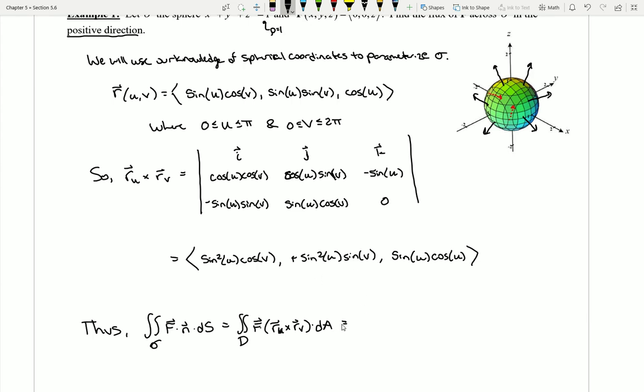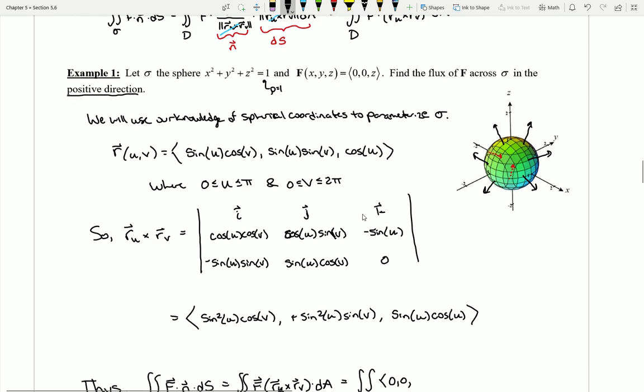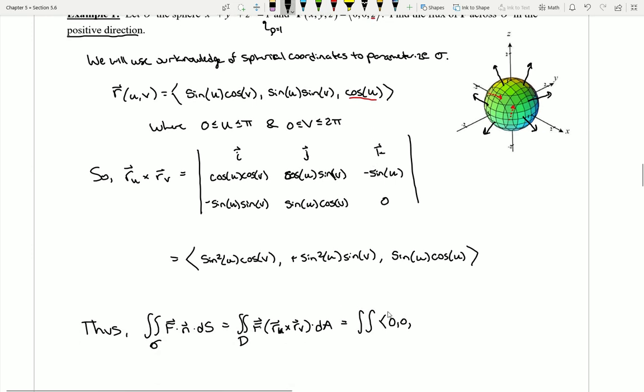So this would be a double integral. My f is going to be 0, 0, and z. Well, I want to update this value of z with what I already have down here. So instead of putting z, I'm going to put what z represents in my parameterization, which in this case is a cosine of u.